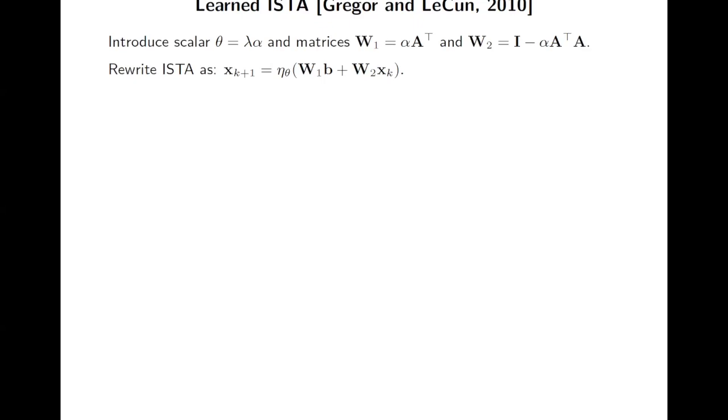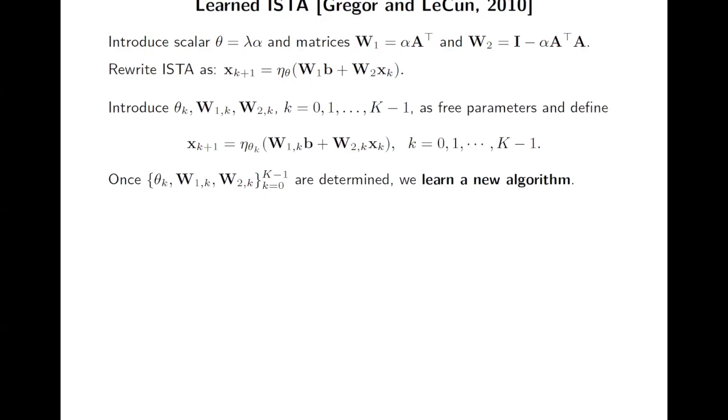they first rewrite the ISTA formula. They rewrite the A transpose term as one matrix, and this term as another matrix, and rewrite everything here in a more general form. Then they unroll the iterative process and truncate it into capital K steps.